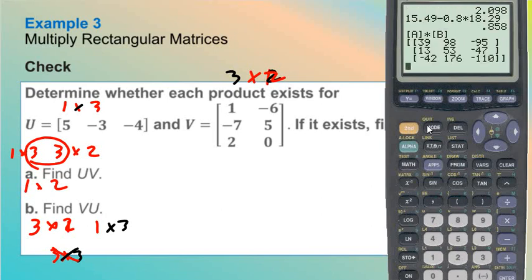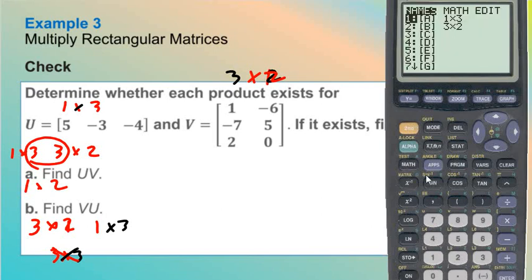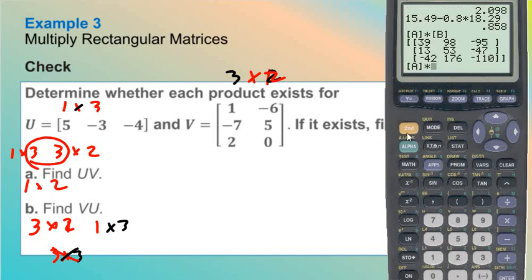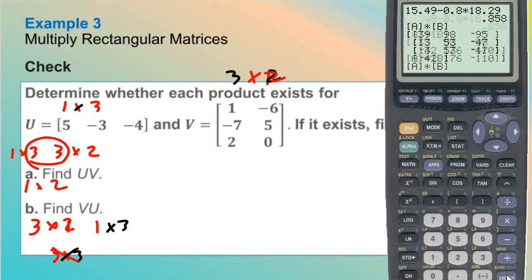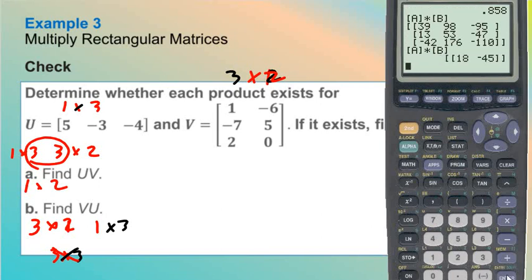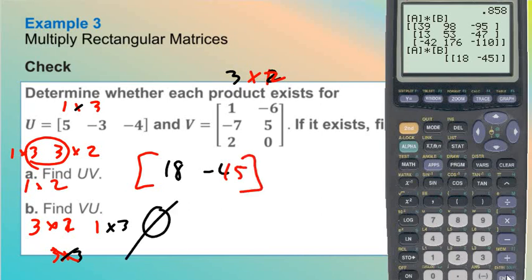Then get out of here, do second matrix, number 1 times second matrix, number 2. And we should have an answer that's a 1 by 2, so one row of 2. So our answer would be 18 and negative 45. This bottom one, there is no solution for that one.